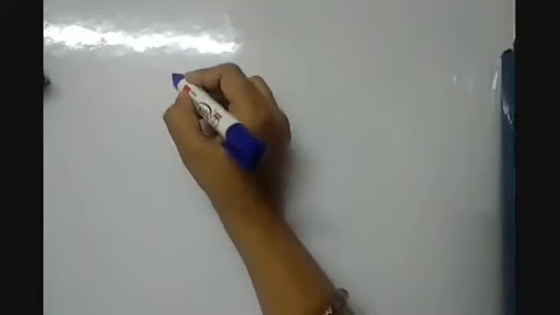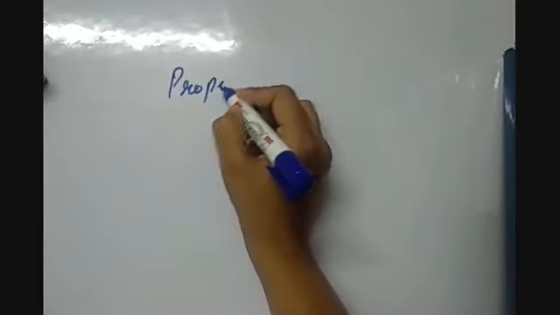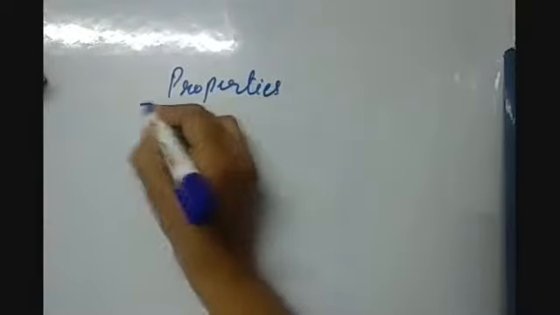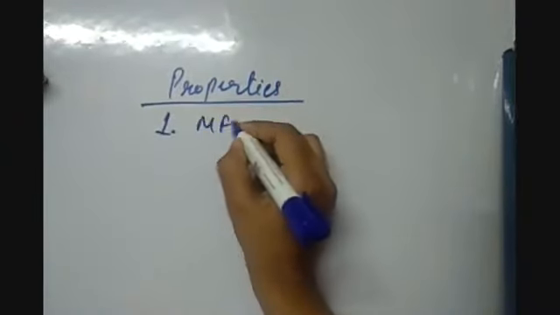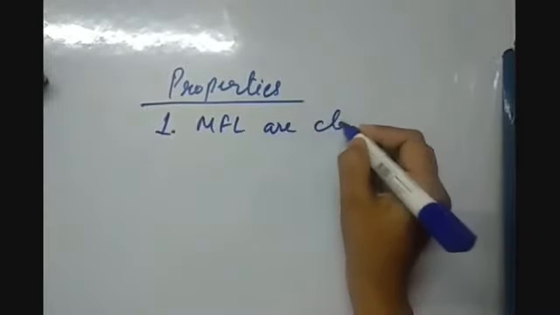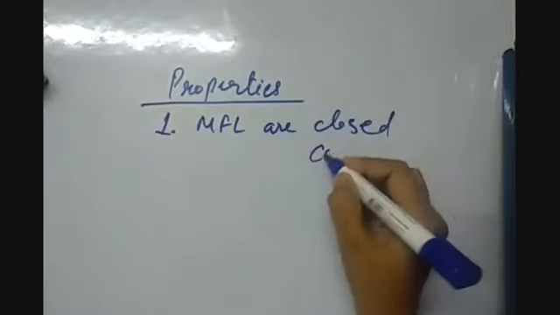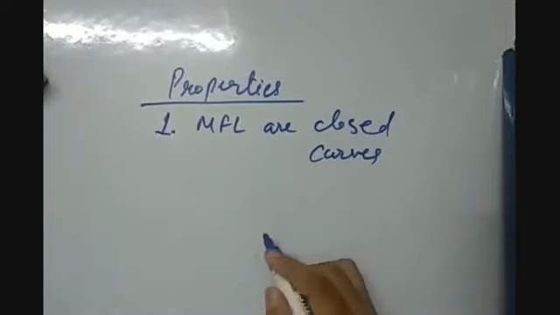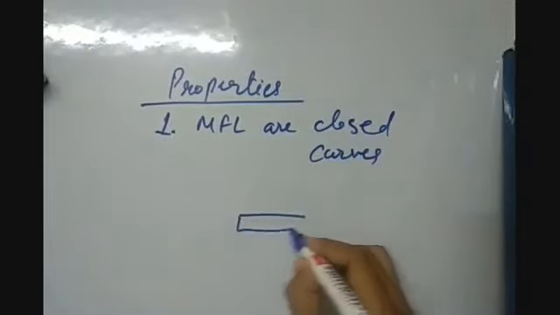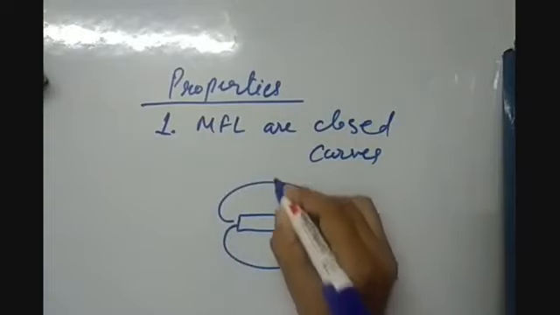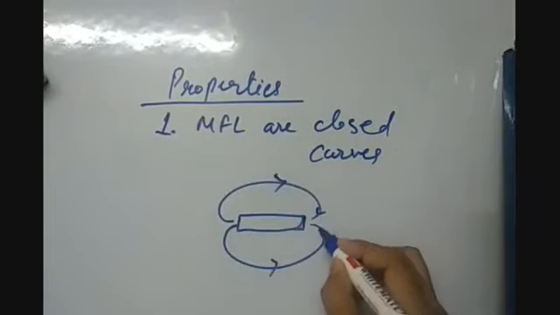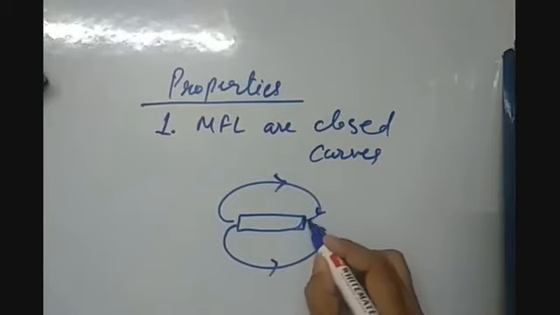If we talk about the properties of magnetic field lines, then the first property is that magnetic field lines are closed curves. Closed curves means that the magnetic field lines which are emerging from north and entering at south do not end at the south pole.